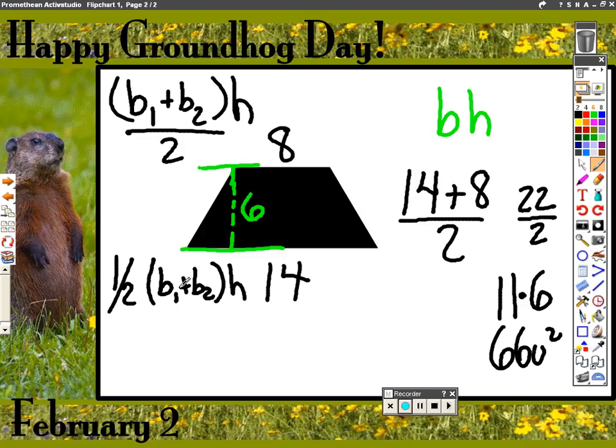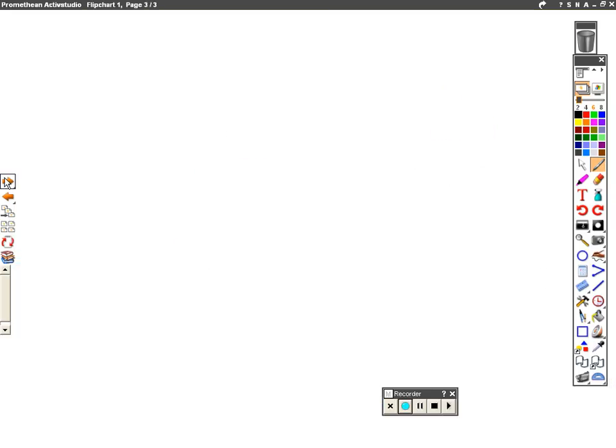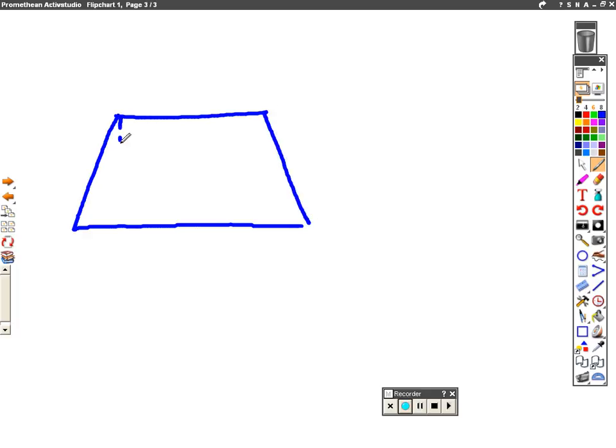All right, let's look at one more trapezoid because they are a little bit tricky. Okay, so here's my trapezoid, and it's not as pretty as the last one, sorry. I'll put in my height, and we're going to say this is 5, and we're going to say this is 11, and this is going to be 7. Okay? So I need to make a compromise because I have 2 bases.